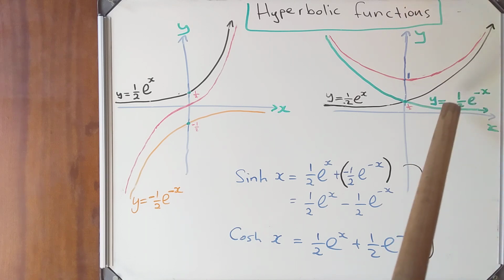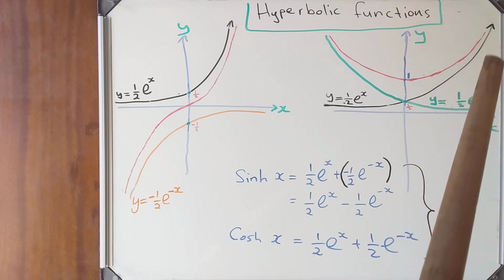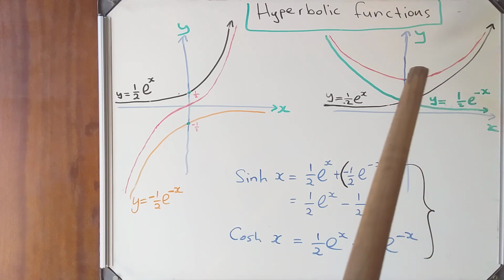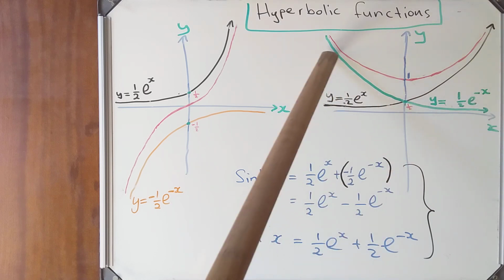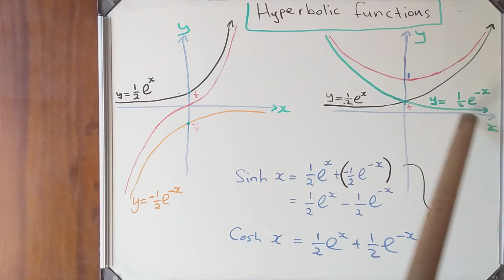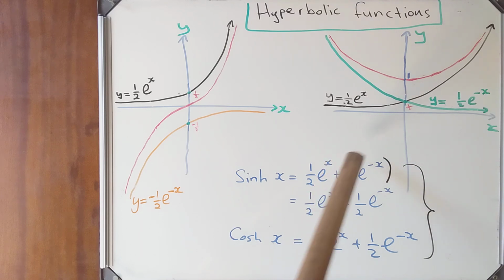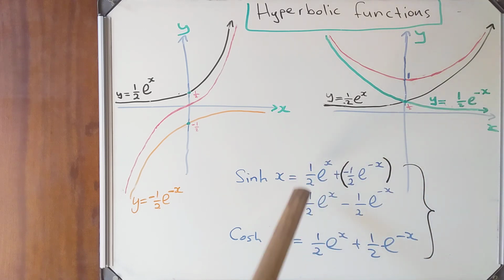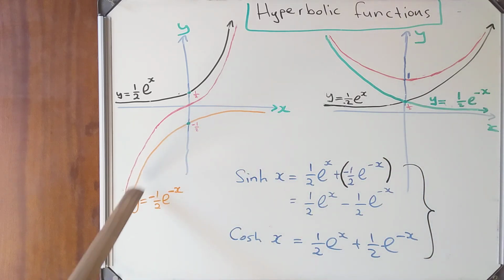So from there now we want to reflect the green one along the x. If we reflect the green one along the x, what do we get? We are reflecting along the x, so we are going to get this orange graph.